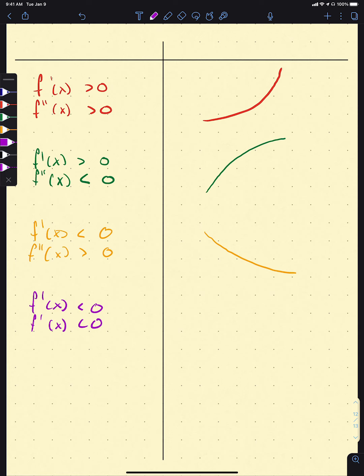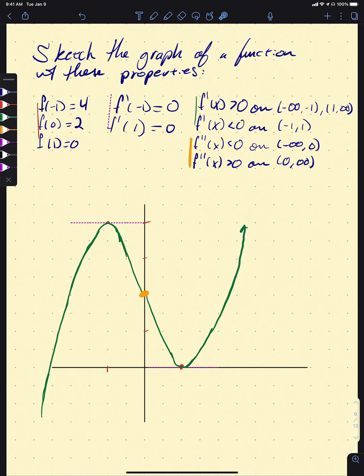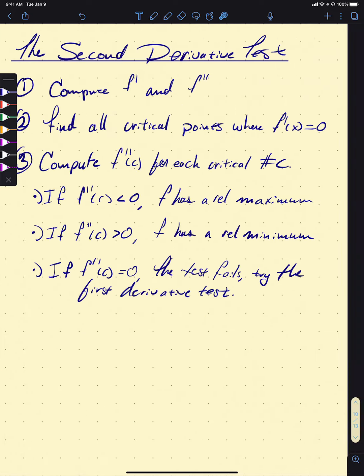And then in the purple, we're decreasing and we're concave down, okay? So these four pieces of information make this process a little bit easier. We could look at the interplay between what we've called green and orangish yellow, I still don't know quite what color that is, to get these little arcs here, okay?